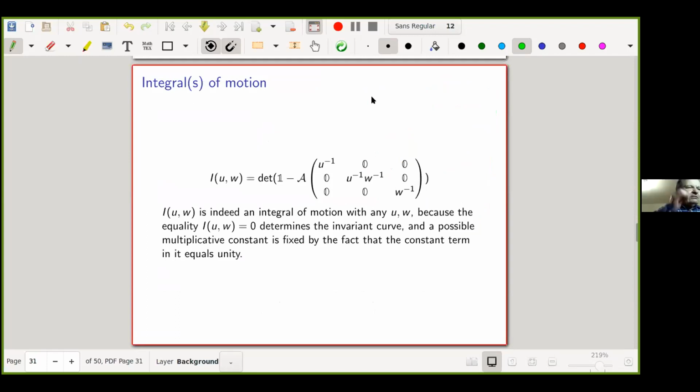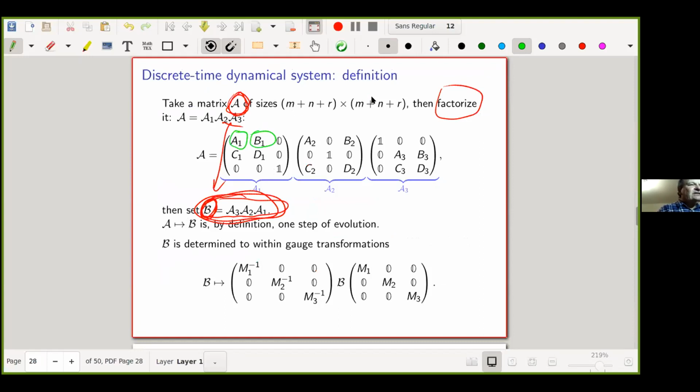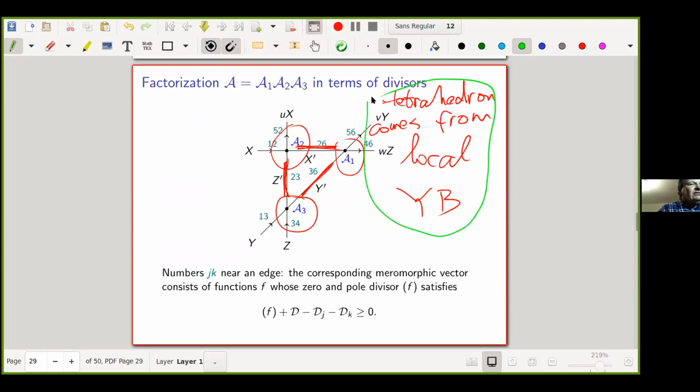Now about this dynamical system in discrete time. This dynamical system that gives you from A capital A beautiful, this B beautiful. Something about it.